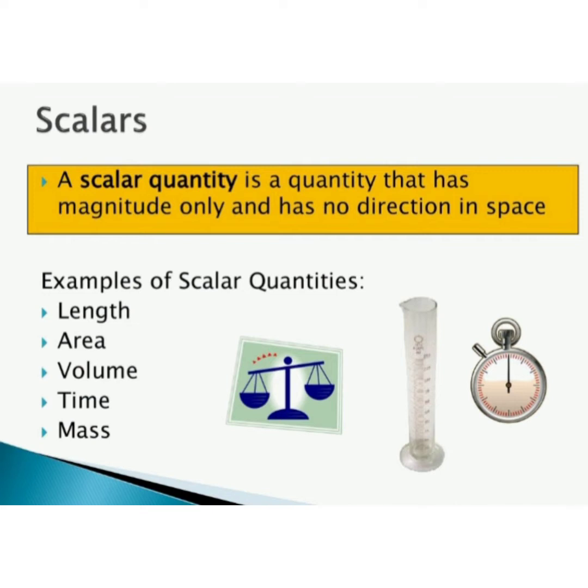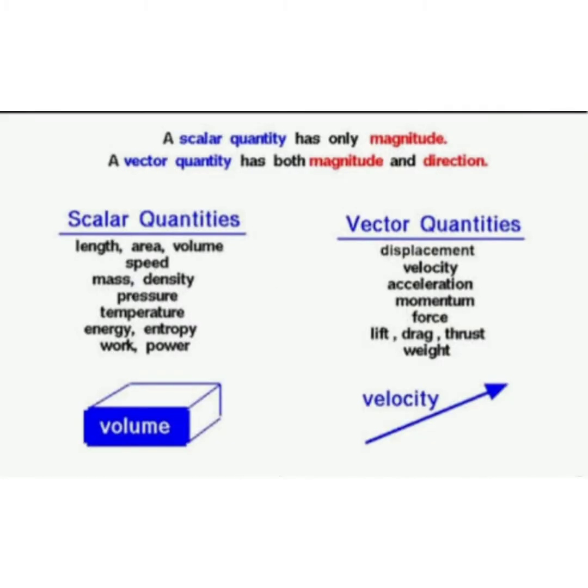Example: distance, mass, speed, length, and area. Scalar quantities have only a magnitude. Vector means quantities that are fully described by both magnitude and a direction.